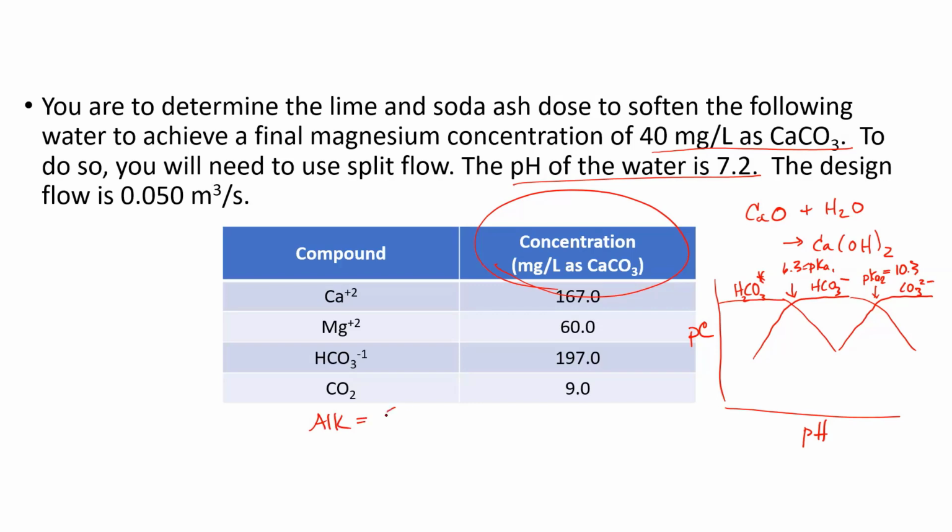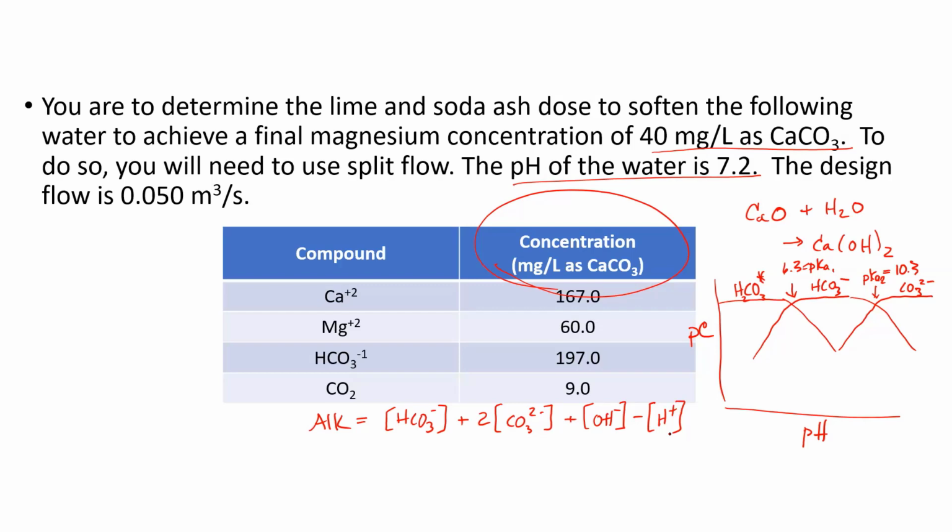Okay. And alkalinity is equal to the concentration of bicarbonate plus 2 times the concentration of carbonate plus the concentration of OH minus minus the concentration of H plus.